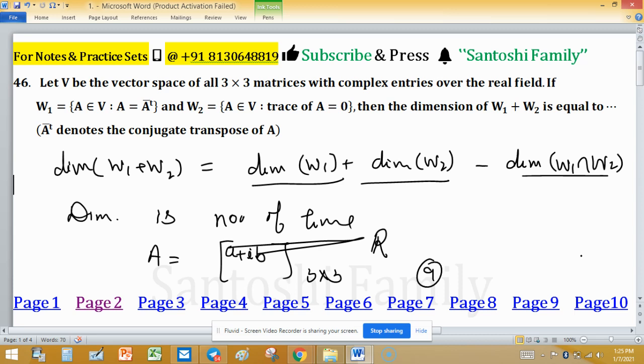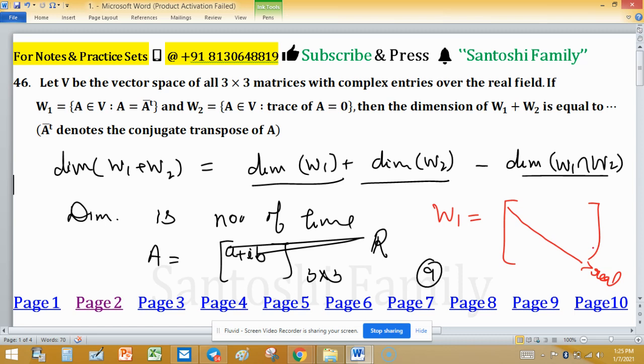Now for W1, which is the Hermitian matrices: for a Hermitian matrix the diagonal entries are real numbers, and above the principal diagonal you are free to choose any complex entry.